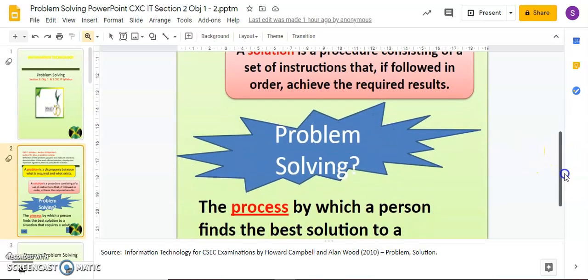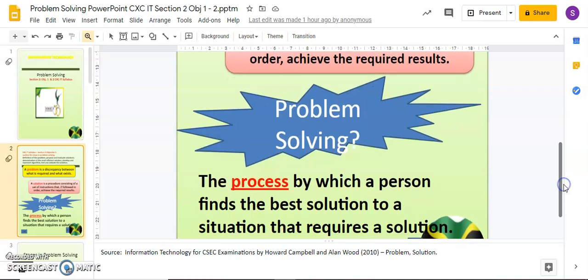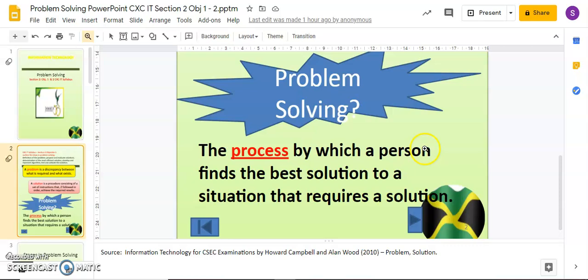Now, you might be wondering, what is problem solving? No worries. Just take a minute to think of a problem that you might have. Is it to bake a cake? The problem could be to clean the house. The problem could be to be on time for your school session.